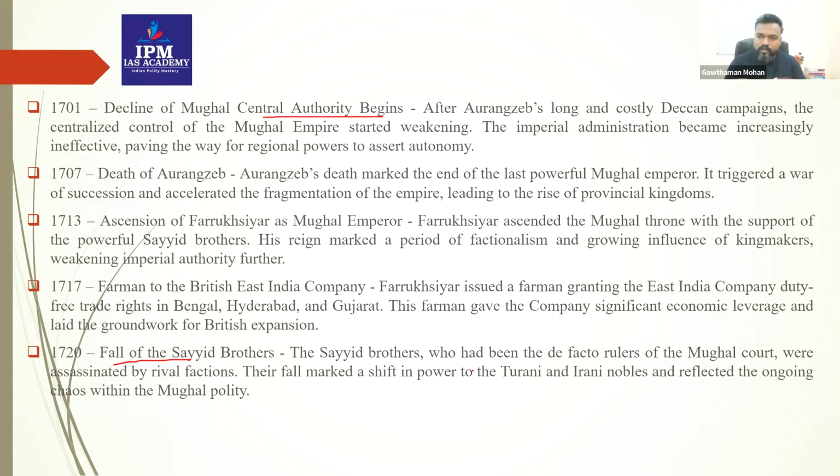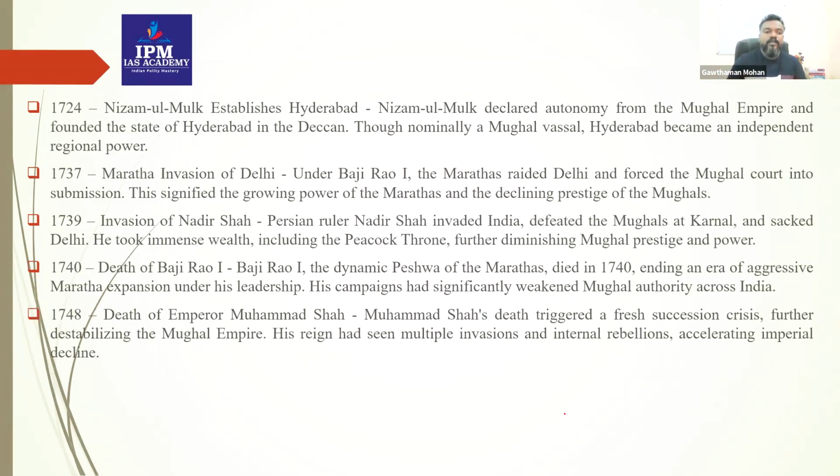Already during the time of Farrukhsiyar, the empire got weakened, more kingmakers emerged, factionalism emerged, and as a result, the Said brothers were killed. And now another important power shift is happening, to the Turani and Irani nobles. So it reflected the ongoing chaos within the Mughal polity.